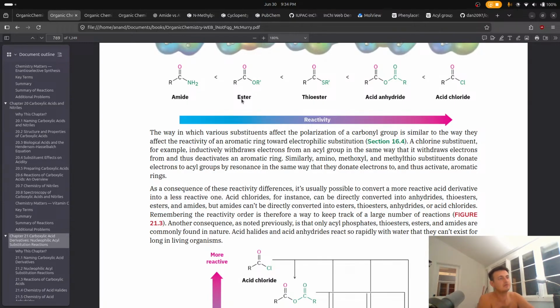Similarly, amino, methoxyl, and methylthio substituents donate electrons to acyl groups by resonance, in the same way they donate electrons to and thus activate aromatic rings.